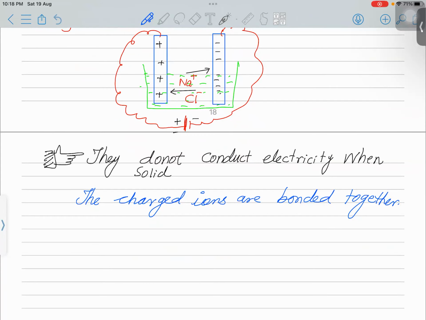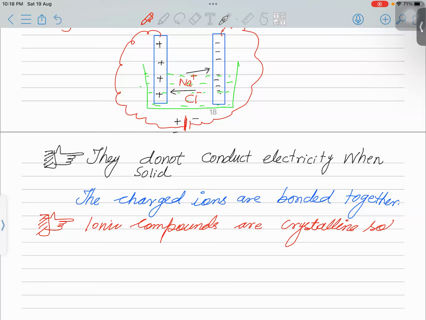So next point is ionic compounds are crystalline solid at room temperature.